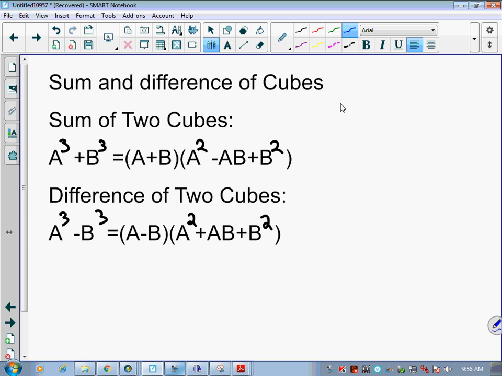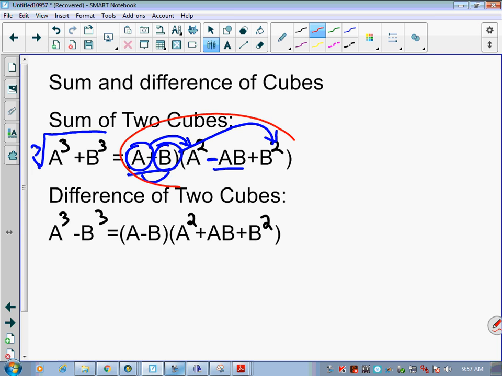Then I'm going to take a and square it and put it there. Then I'm going to take a times b, and that will always be a negative. Then I'm going to take b and square it, and that will go there. This whole thing right here is my answer to this.